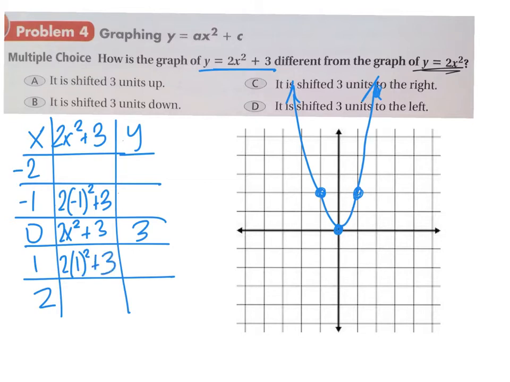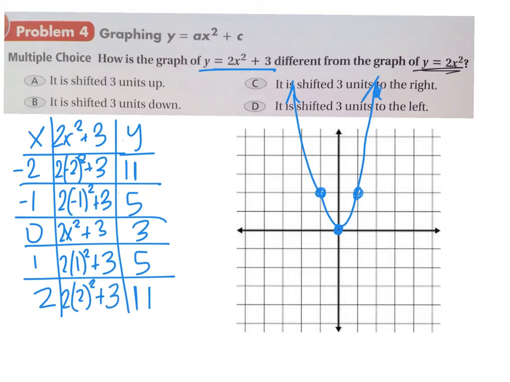So you get 2 plus 3, which is 5, and then 2 plus 3, which is 5. And then when you plug in the -2, you get 2 times -2 squared plus 3, which is going to be 8 plus 3, which is 11. And then same thing down here, 8 plus 3, which is 11.